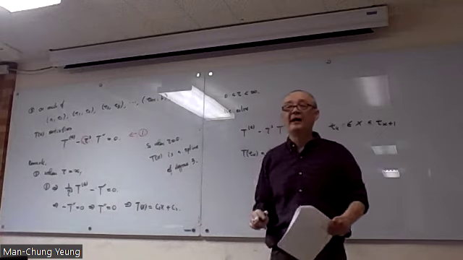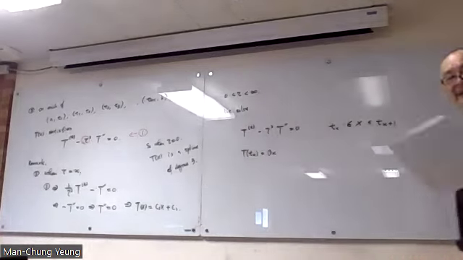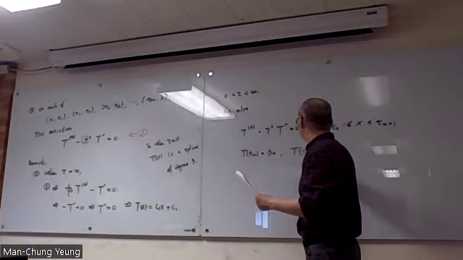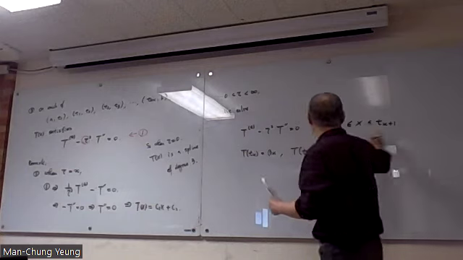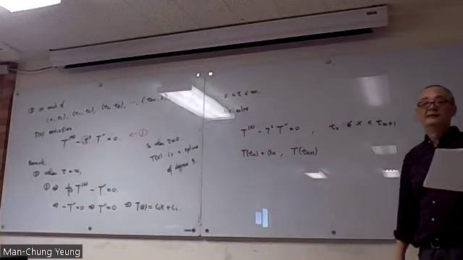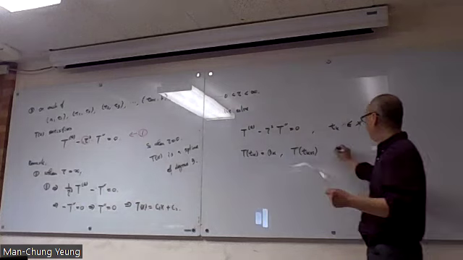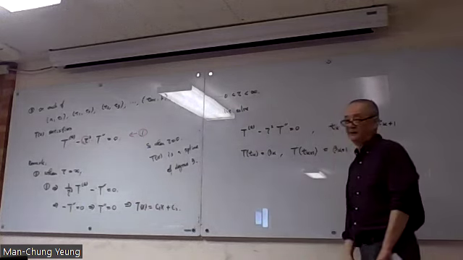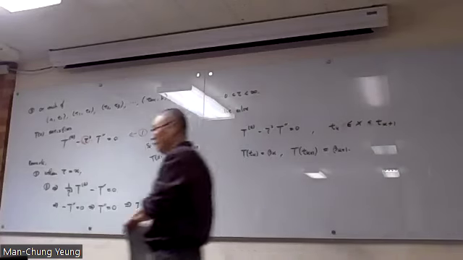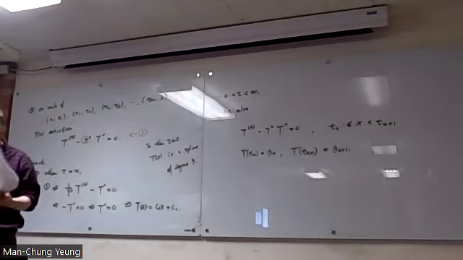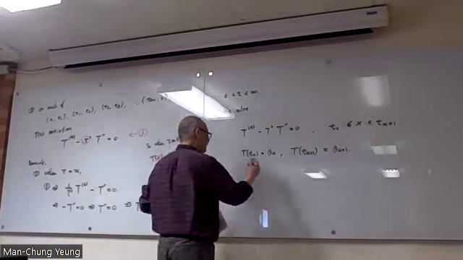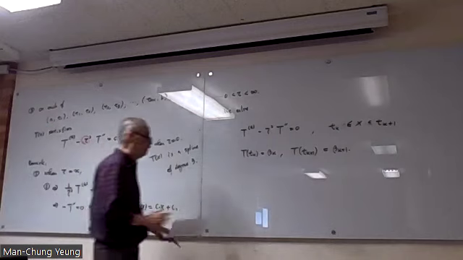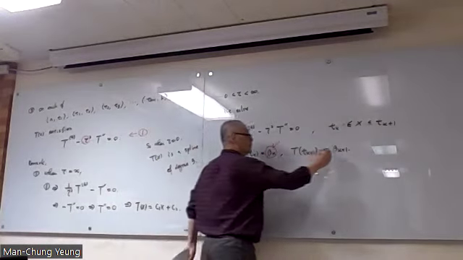What is beta k? We are given it at the beginning. And t at tk plus 1, the other endpoint, is beta k plus 1.